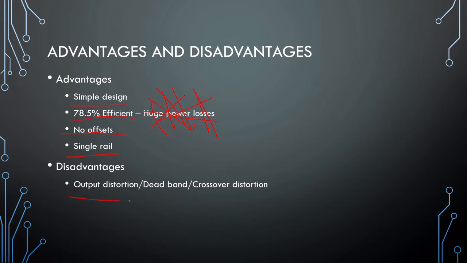The big disadvantage is this output distortion, deadband, crossover distortion, whatever you want to call it. There are a couple of terms that people will use for it. It is a huge disadvantage of the Class B amplifier. Right, let's go and have a look at some of our simulations.